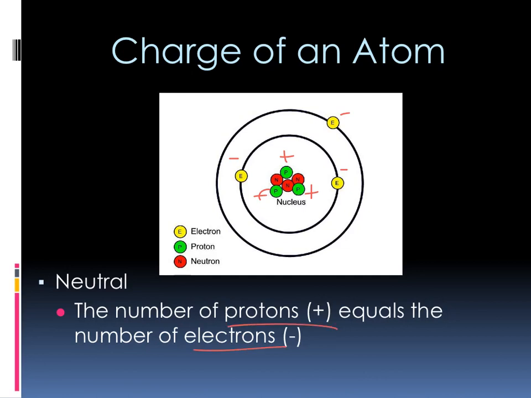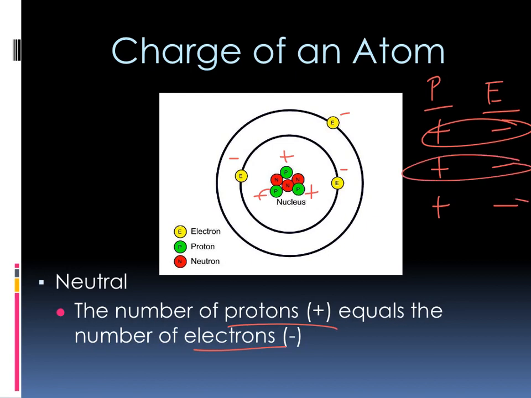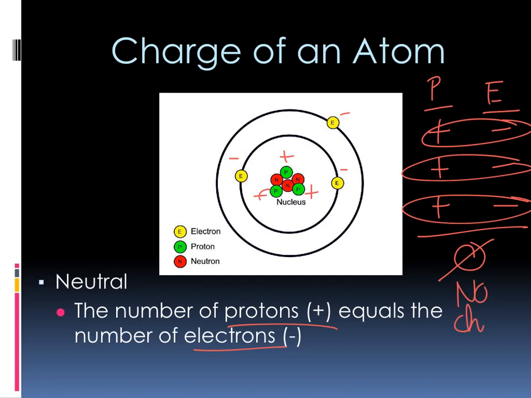Now that's not always going to be the case, but as long as they do equal one another, I should have a neutral atom. Because if I were to take 3 pluses, okay, so these are my protons, and I were to take my 3 electrons, okay, pair them up, bloop, bloop, what I end up with is an overall 0 difference. There's nothing left over. And so in that case, this is no charge, okay?